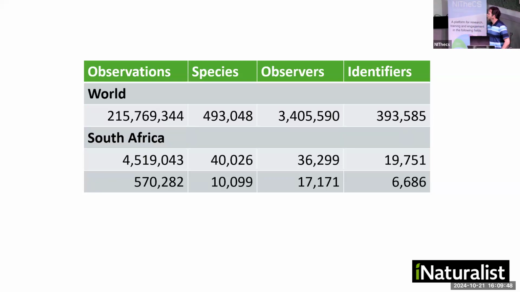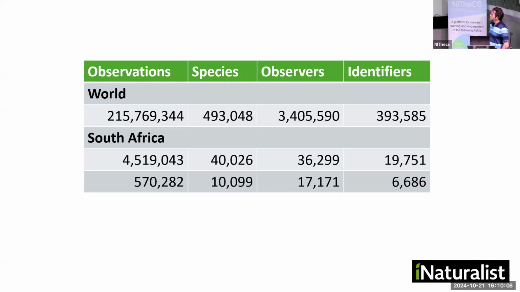I just want to look at some of the numbers here. So I drew these figures this morning. In terms of observations on iNaturalist for all species, there are more than 215 million observations on iNat, covering almost 500,000 species.